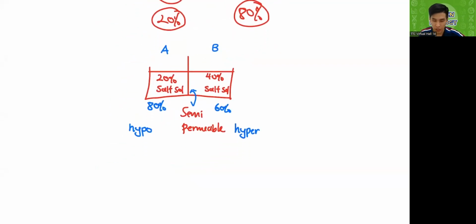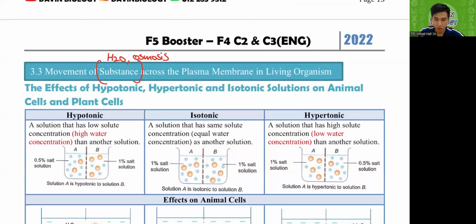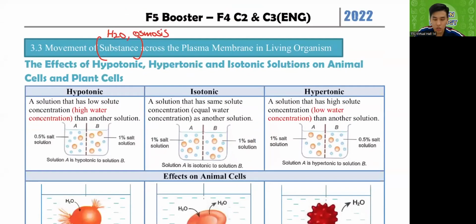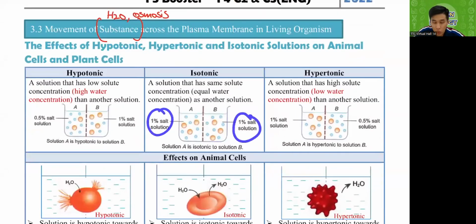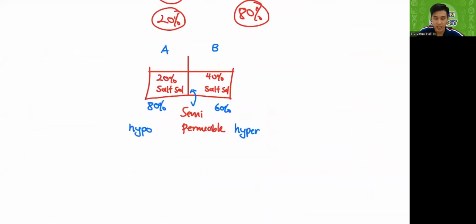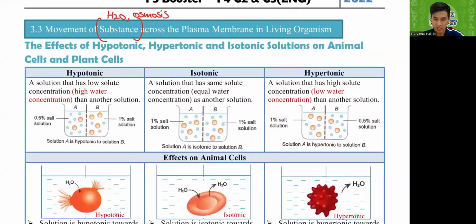So therefore we already know what is hypo, what is hyper. Isotonic is when both sides have equal concentration. You can never have both sides hypo. What if one side is hypo, the other side is hyper? So we always compare one. If both sides are the same, you cannot say hypo. It will be iso.